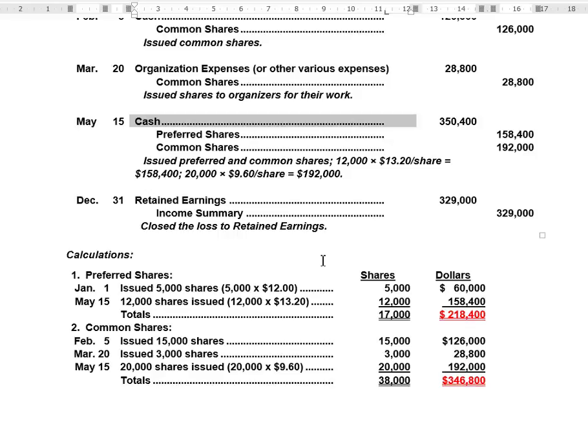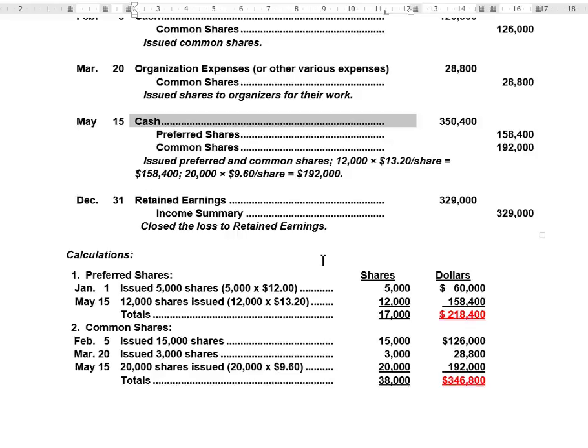You didn't make profit or income, you had a loss. Because when you have a debit balance in your income summary, that means the expenses that you closed out to the income summary in total are bigger than the revenues you closed out to the income summary. So whenever your income summary has a debit balance, that means you have expenses in excess of revenues, so you have a loss.